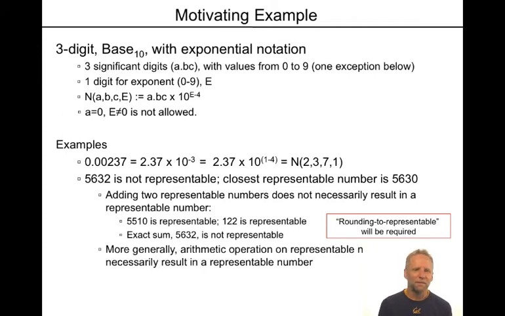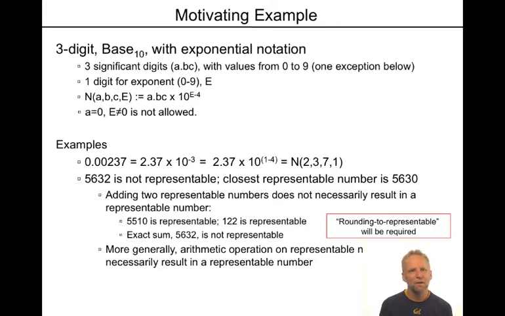So I guess that's what I'm saying here. All the arithmetic operations that we're going to talk about, plus, minus, divide, and even some of the fundamental operations like square root and some of the trigonometric functions. So here we saw that adding 2 representable numbers doesn't necessarily result in a representable number.